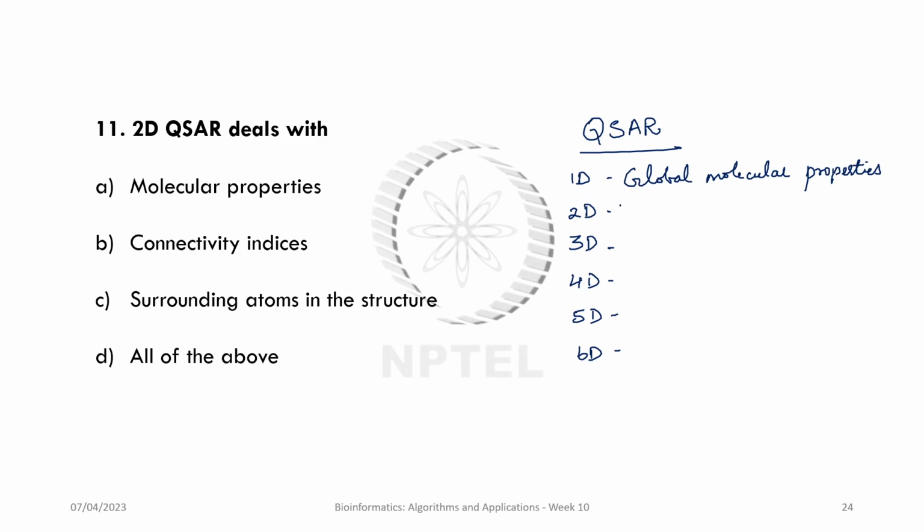Just the keywords are ready reckoners here. 2D of course considers the connectivity indices. 3D also includes interaction fields from surrounding molecules.